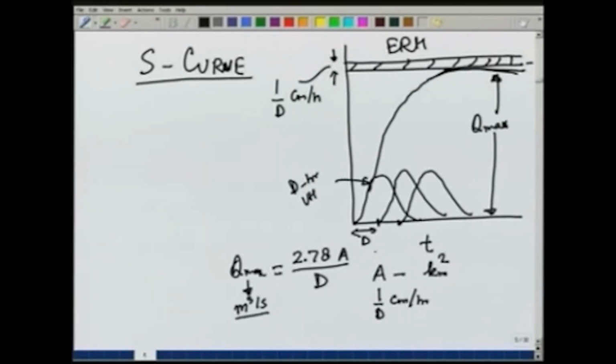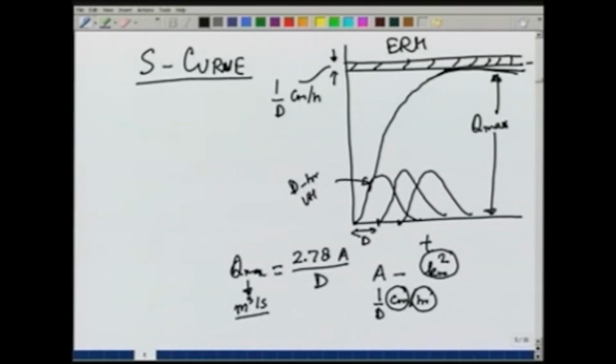So, here we have taken care of the units. Since this is per hour, we have a factor of 3600. Since this is kilometer square, we have a factor of 1000, and since we have d in centimeter, we have another factor of 0.01. So, if you put all these factors in here, you will get the maximum ordinate of the S curve as 2.78 A over d.